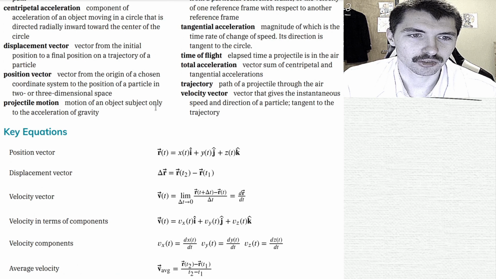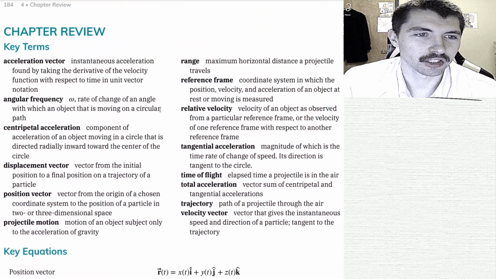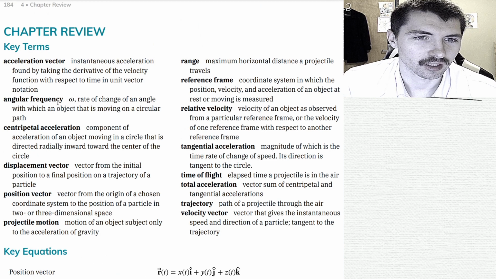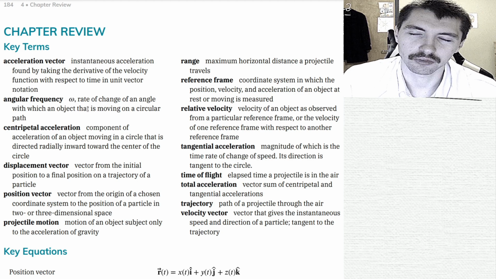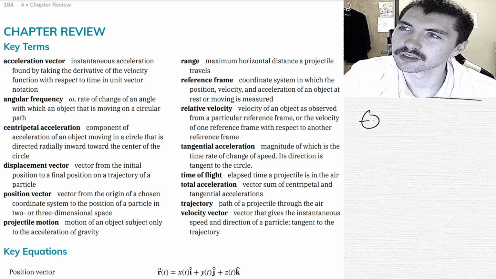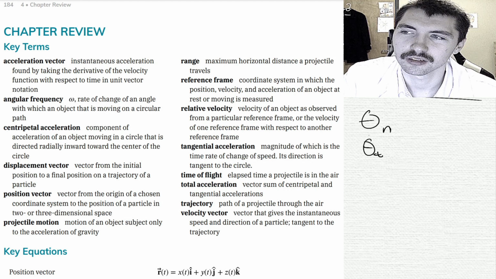So motion in 2 and 3 dimensions uses these equations, key terms: angular frequency, rate of change, angle. That's how the angle's changing. Think of it like theta n, or like theta of t. What's the angle at a certain given time.